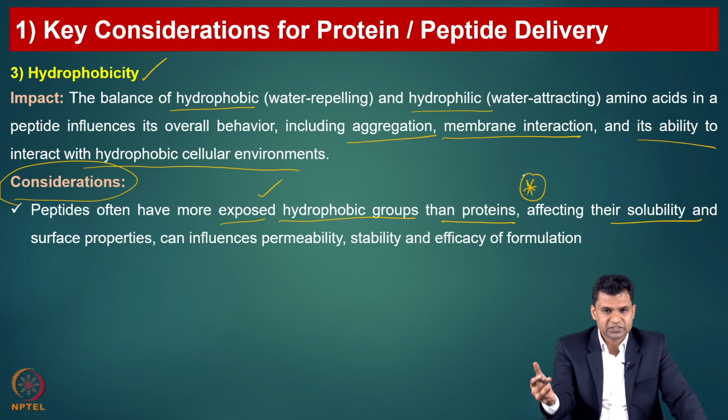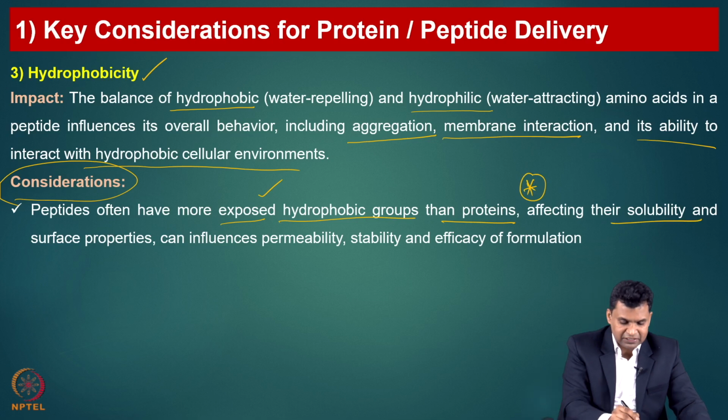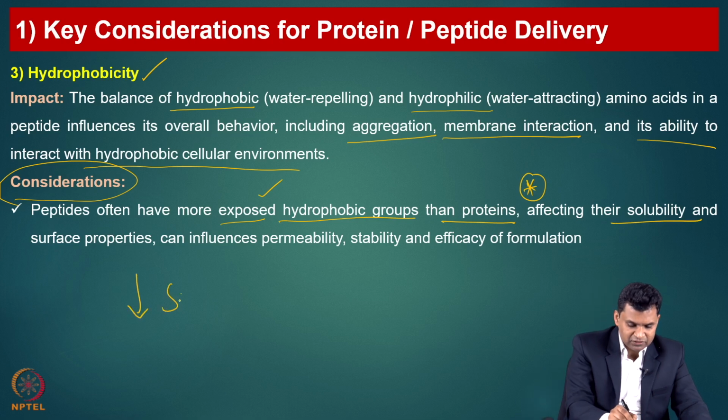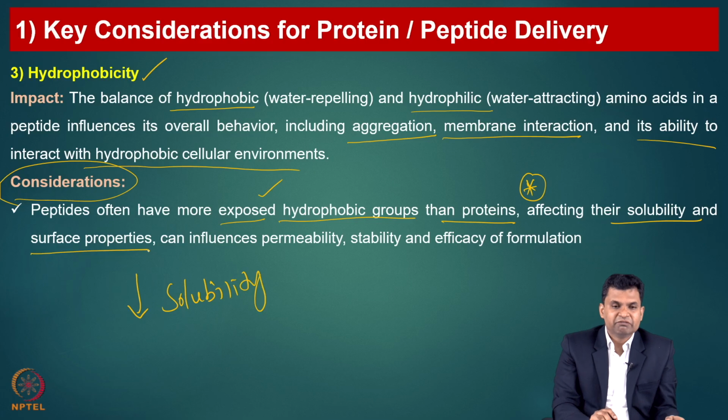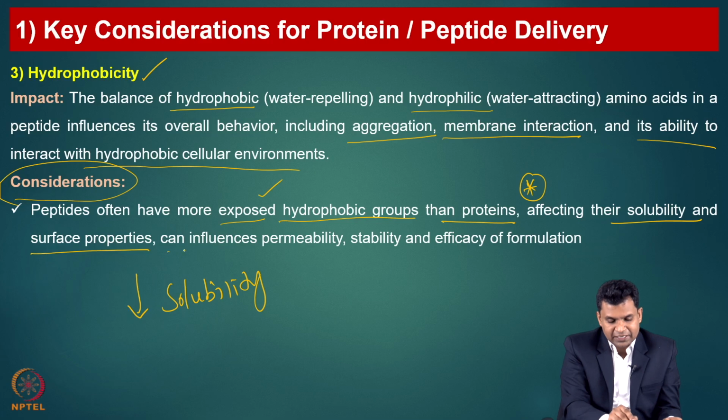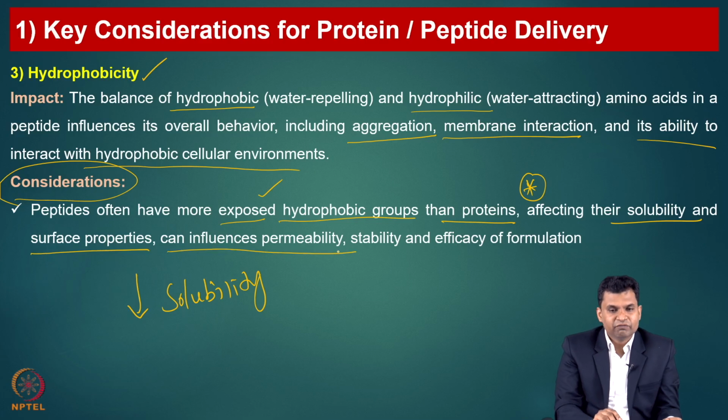If hydrophobicity is very high, then definitely you will see solubility issues with the molecules. And not only that, surface properties are also very important, and they also depend on the hydrophobicity of the molecule, and this hydrophobicity will also influence the permeability of the molecule.